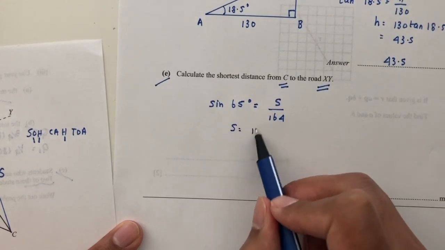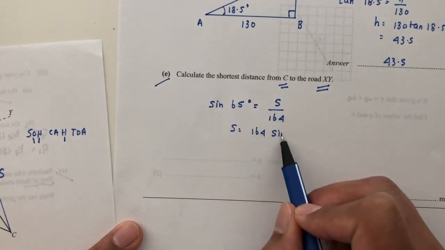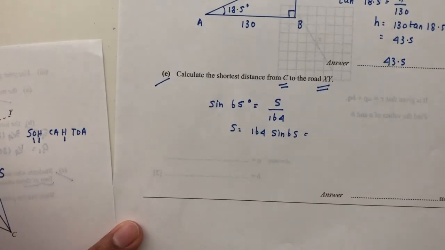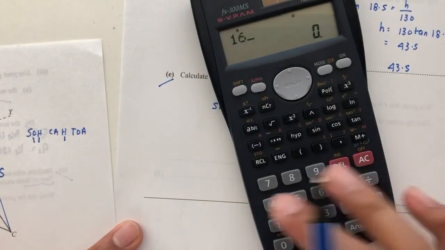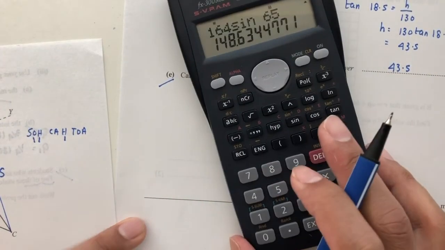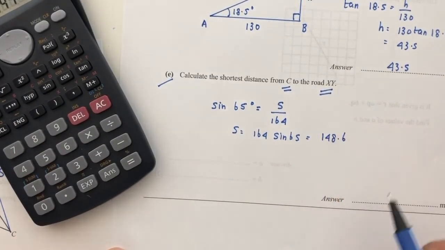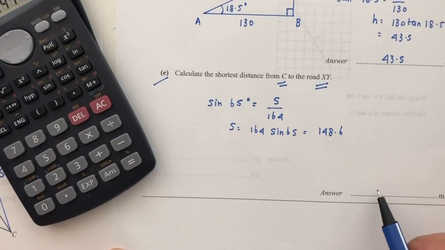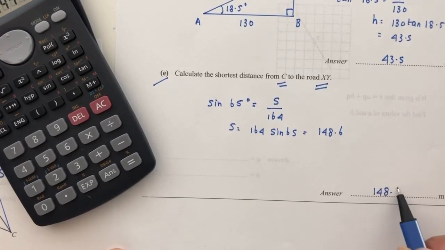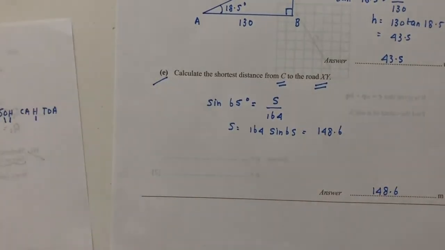So S will be 164 times sine of 65. That will be 148.6. That will be your shortest distance from C to the road XY. That will be question number 9.